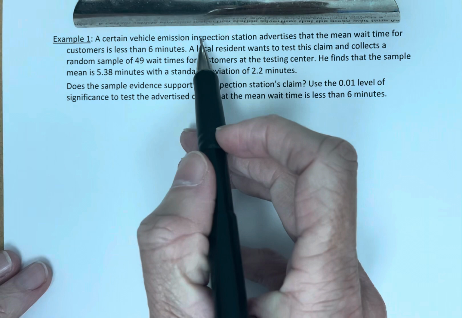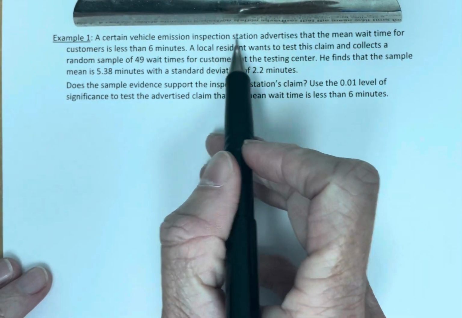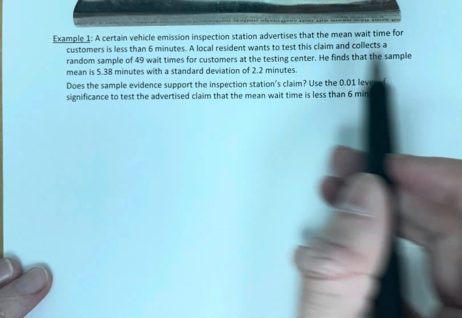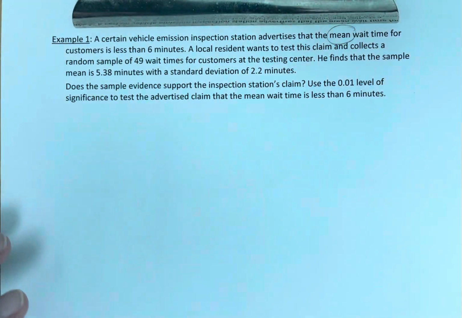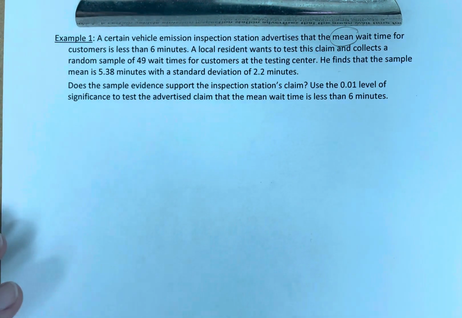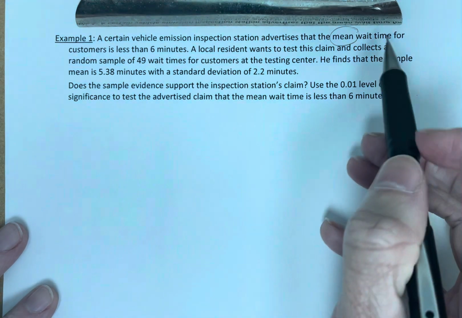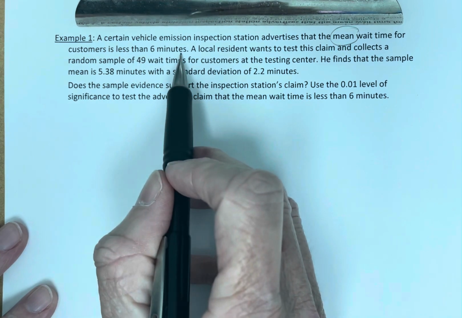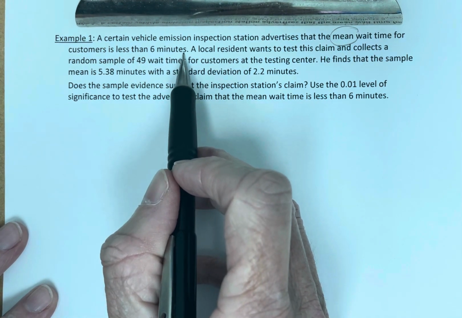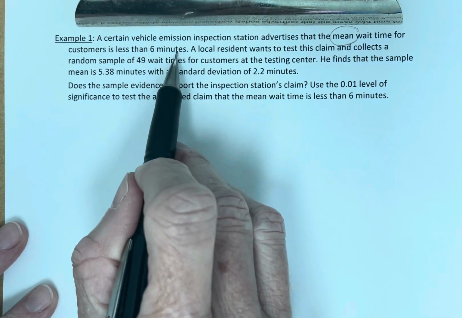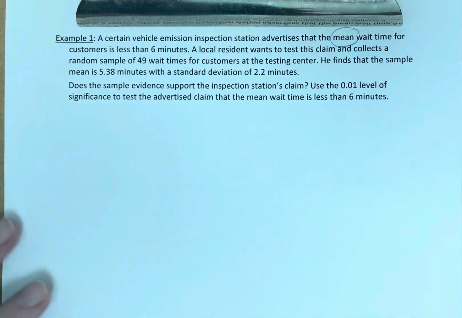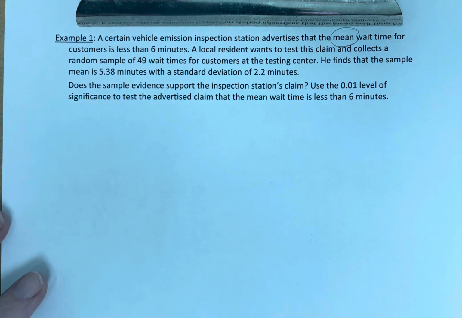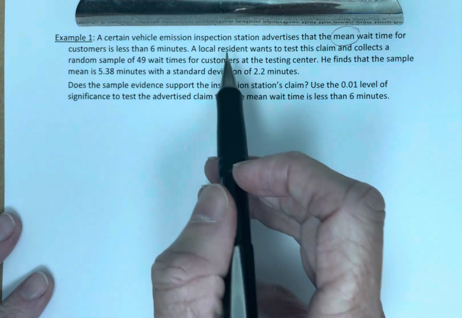Okay, a certain vehicle emission inspection station advertises that the mean wait time, okay, let's pause here. The mean wait time, we already know this is going to be dealing with population means because it says the mean wait time for customers is less than 6 minutes. We can also pause here, and our time is going to be numerical data, so we're definitely dealing with quantitative data, so we're back to the mean.